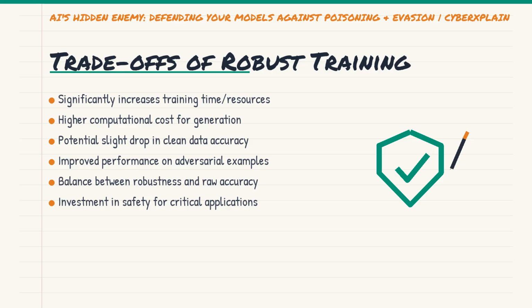Also, models trained adversarially might sometimes have slightly lower accuracy on clean unperturbed data compared to models trained traditionally, though they perform far better on adversarial examples. It's a balance between robustness and raw accuracy. For critical applications like medical AI, the increased robustness often outweighs the slight drop in clean accuracy and the higher training cost. It's an investment in safety.